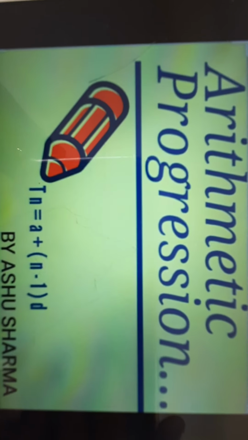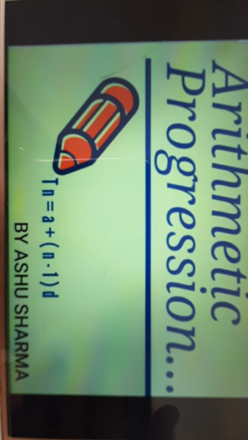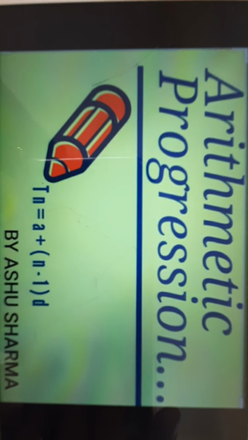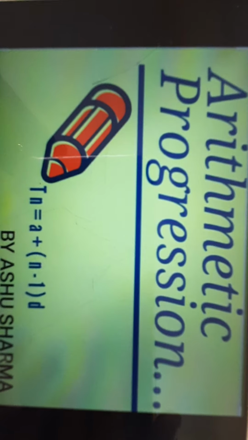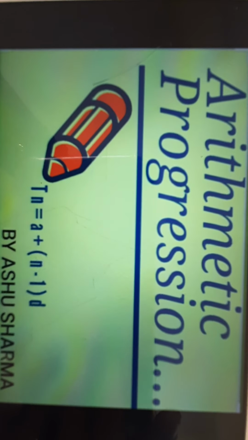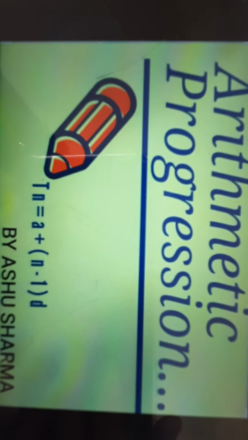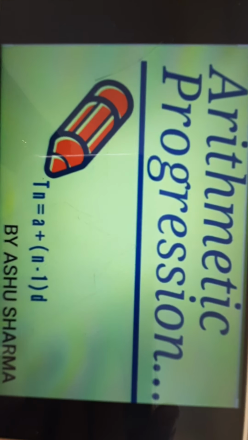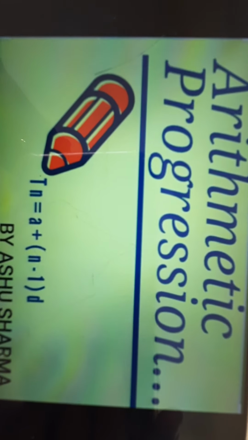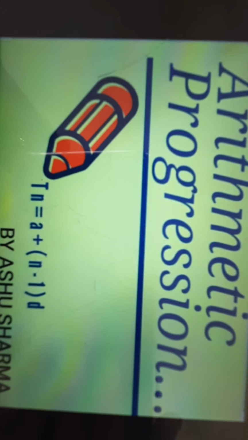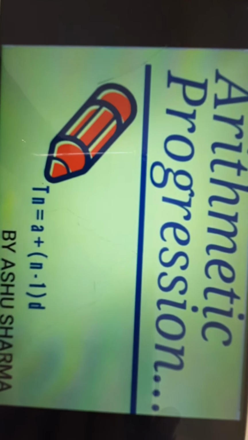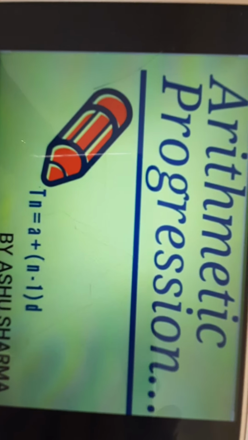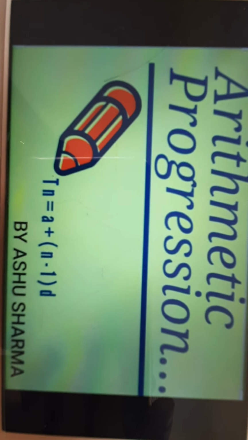Till now, what we have done in the first exercise, we have just learnt how to check whether the given series of numbers is an AP or not by finding out the common difference. And if it is an AP, we learnt how to calculate the terms required of that AP.